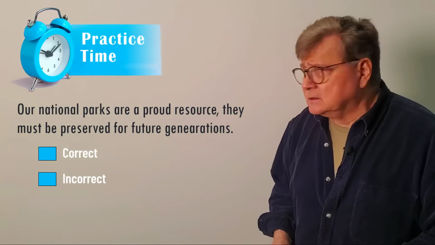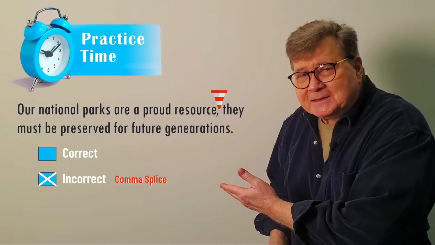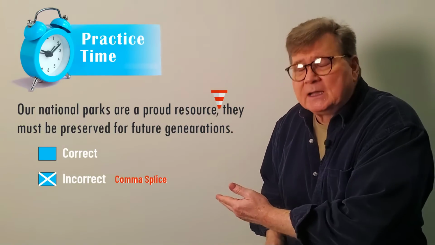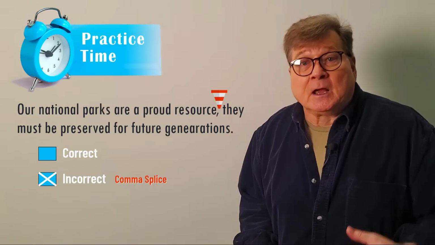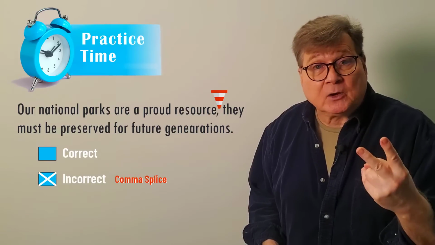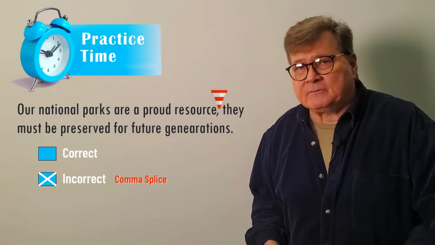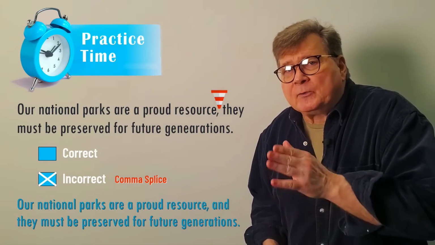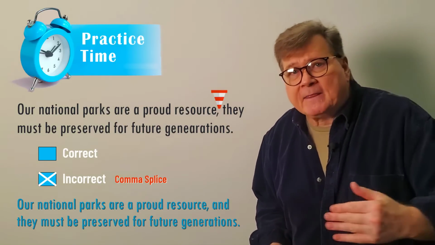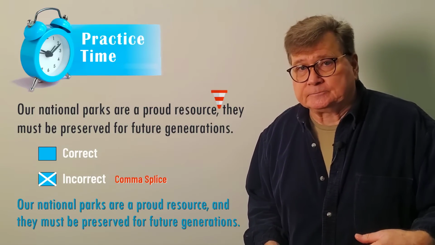Correct? No, that's a comma splice. It has nothing but a comma. It has to fit one of those three patterns. After resource, a semicolon, or a comma and a fanboys. Our national parks are a proud resource, comma, and they must be preserved for future generations, period.